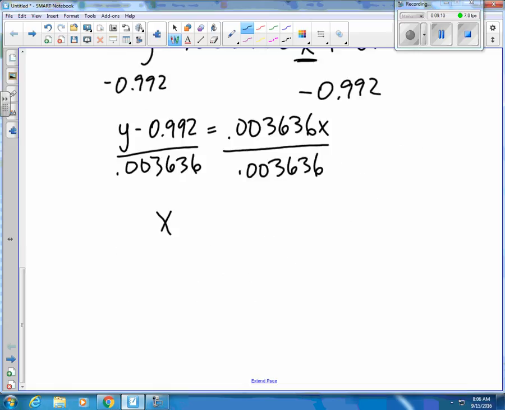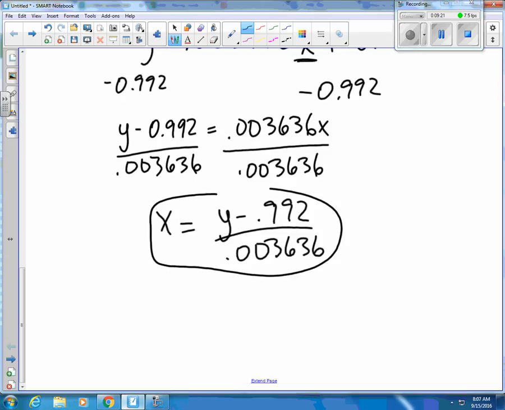What we end up with is x equals y minus 0.992 divided by 0.003636. That's the equation that we're going to put into the spreadsheet. Here, y is your density, and x is your percent sugar.